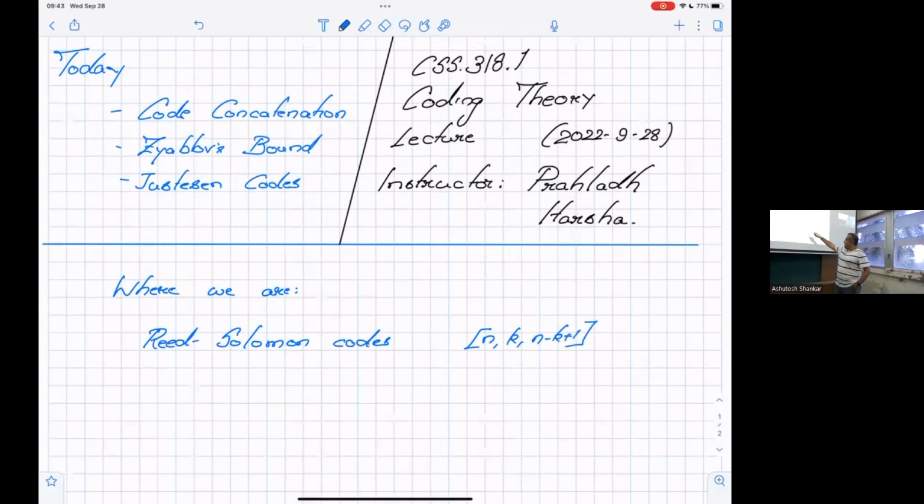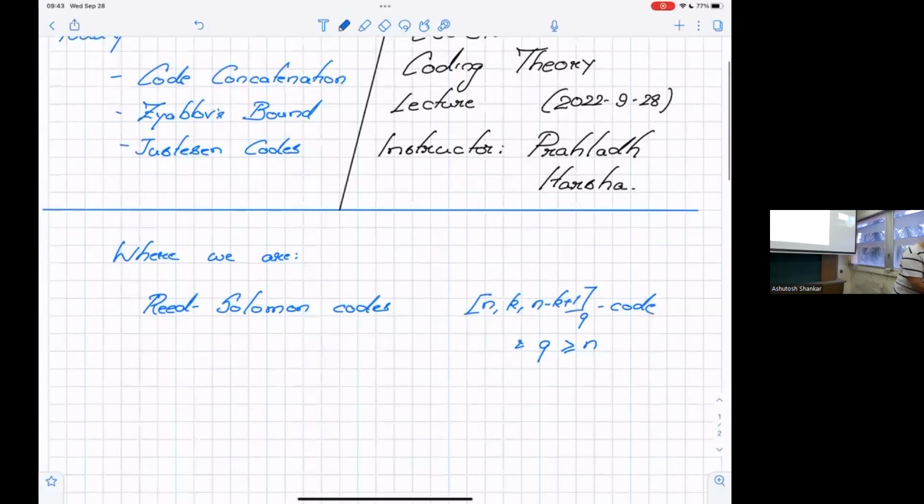So all of this is amazing about them, except the key drawback about them is q. The alphabet is very large and q has to be larger than n. That's the drawback of Reed-Solomon codes. If this was not there, it's amazing in every aspect. It meets the Singleton bound, so it is the best possible.